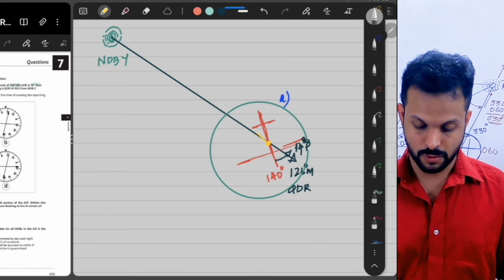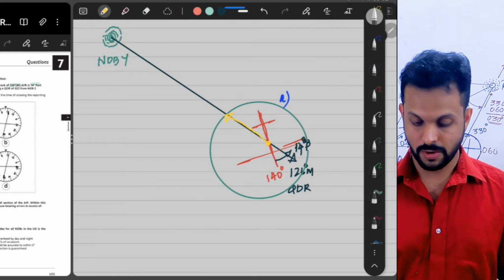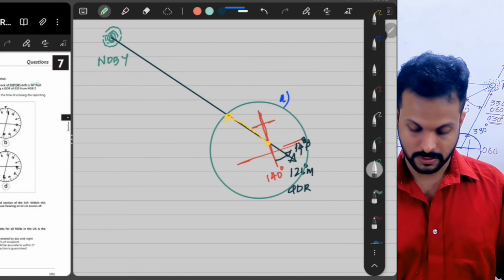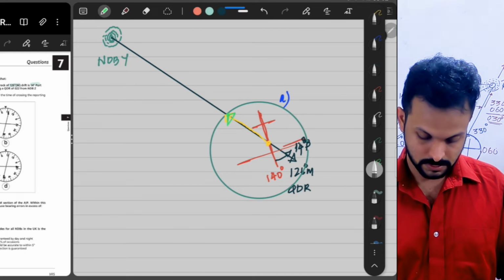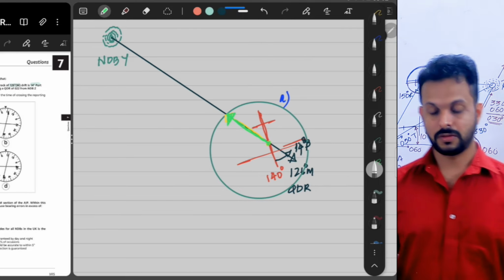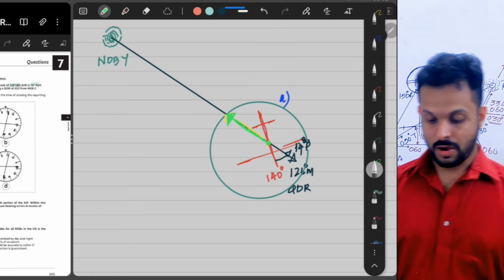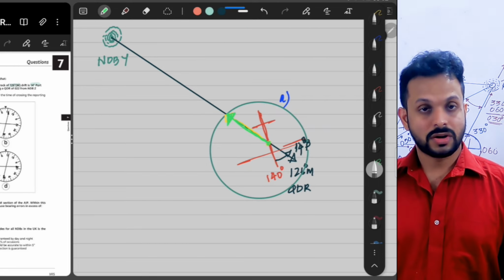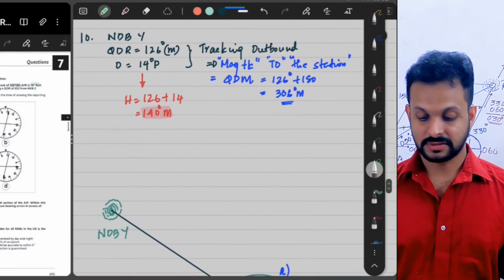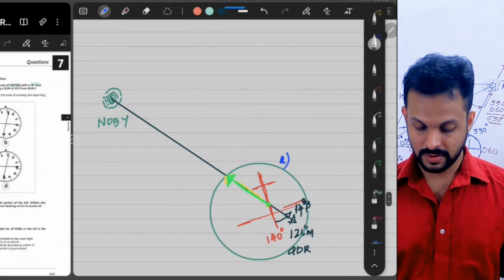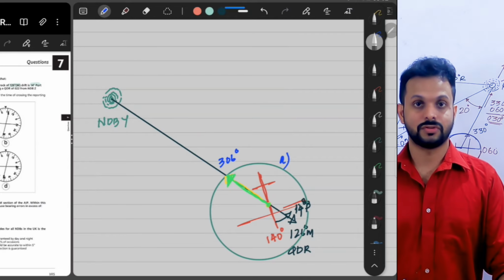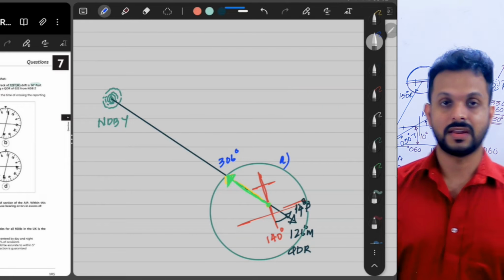The ADF needle is going to simply point towards the NDB. So that's right here. I'm just playing around with the colors to make it more prominent on your screen share. So what is this? This is basically the QDM, and that is what we just found out as 306 degrees. So basically, 306 degrees is the RMI indication towards the NDB.